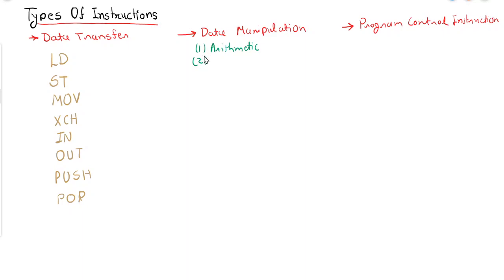Second one is logical and bit manipulation instruction. Third one is shift instructions.